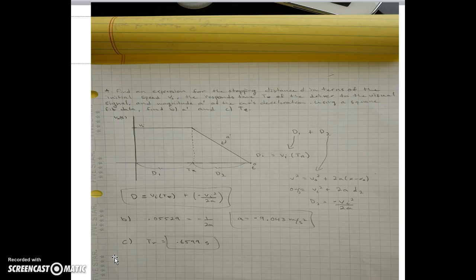So how I approach this problem is that first I set up a graph, velocity versus time. As you can see, the initial velocity is constant throughout this whole distance until it hits tr, which is the reaction time.